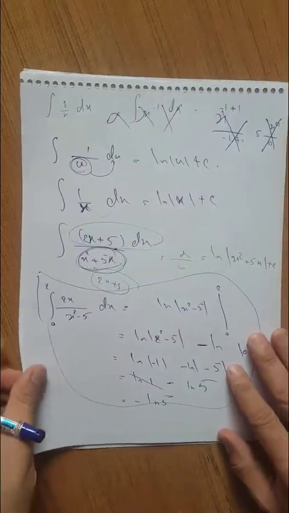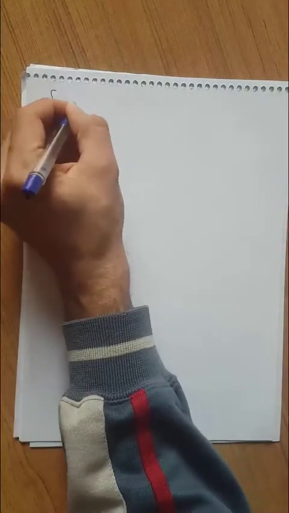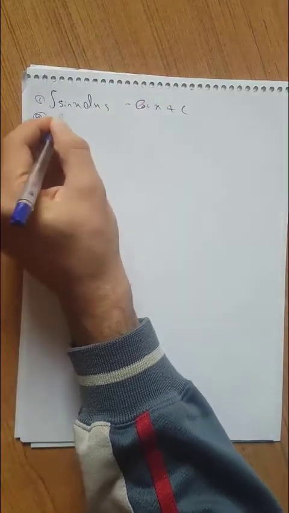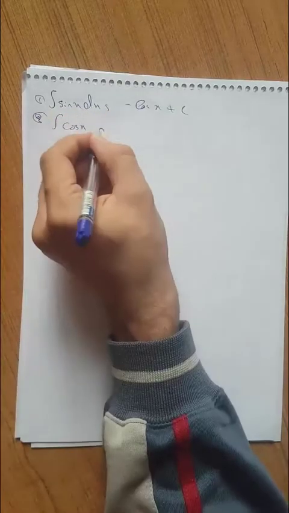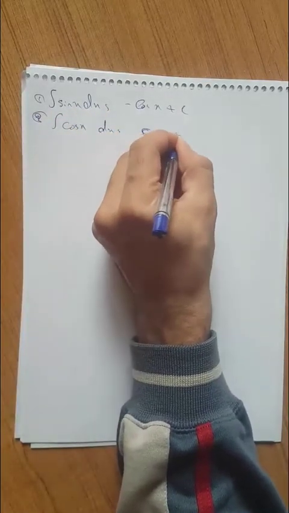Now it's time to finish the integrals of trigonometric functions without direct rules. When I say without rules, for example, you know the integral of sine of x dx is equal to minus cosine of x plus c. And the integral of cosine dx is going to be sine of x plus c.